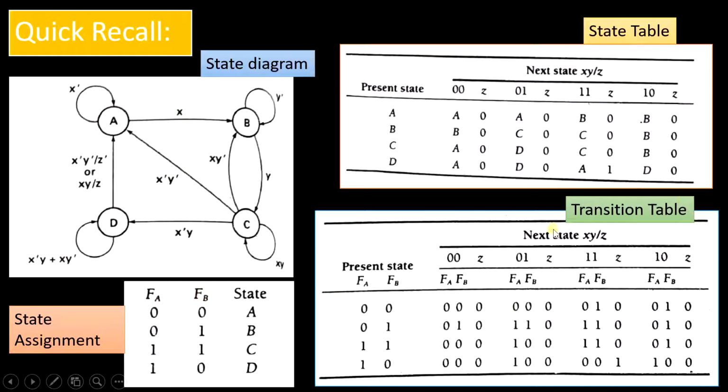The assignment of values to the state variables is called the state assignment that we have seen, and it links the abstract state symbols to the actual state variable binary values.